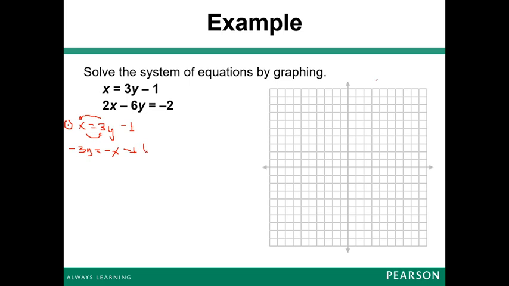Now I'm going to multiply the whole equation by minus 1 to change the signs, so 3y is equal x plus 1.